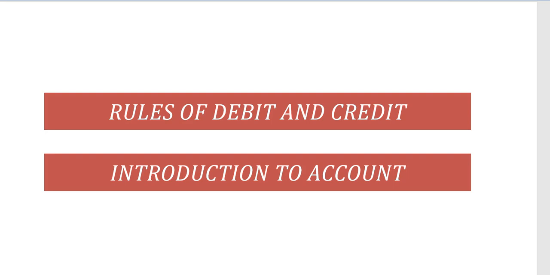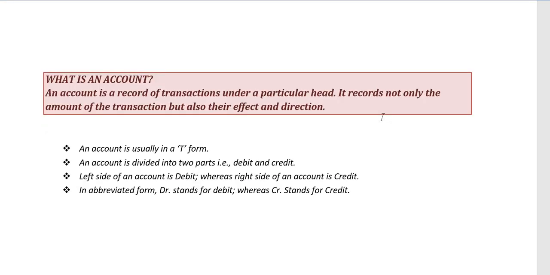Here in this video, we will see what an account is, the format of the account, and the concept of debit side of account and credit side of account. What is an account? An account is a record of transactions under a particular head.